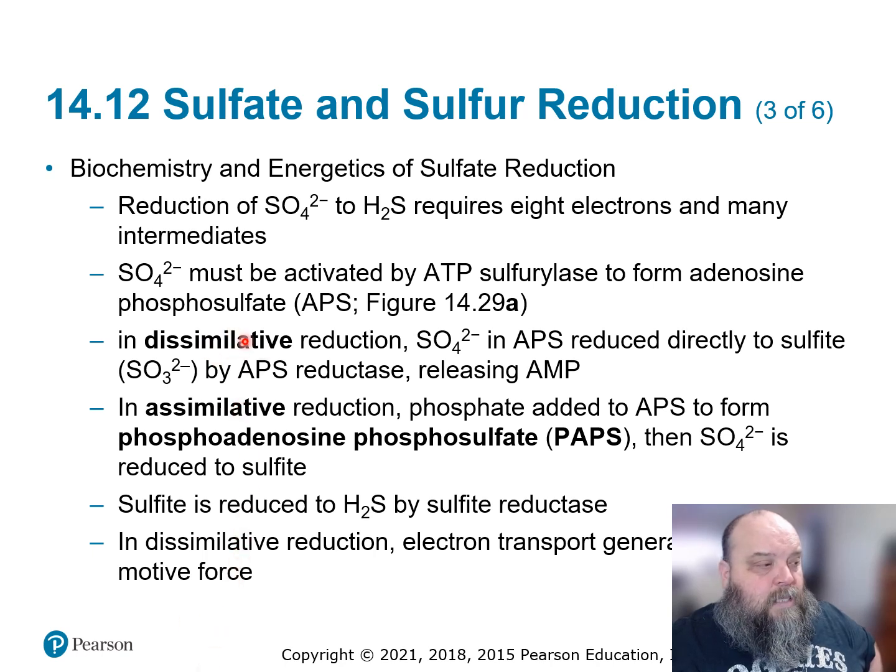We also see that this sulfur metabolism, depending upon the microbe, can be dissimilative or assimilative. Are you breaking it down completely, or are you going to break it down to a certain point and then start utilizing it in your own organic compounds?